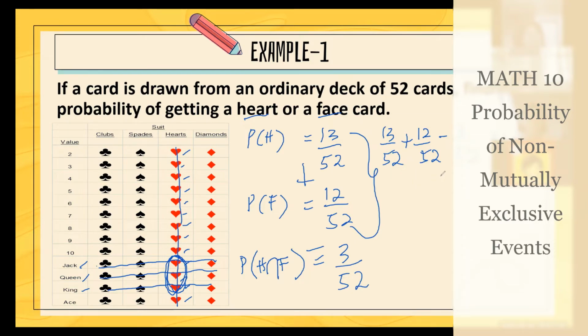Simply copy the denominator. So 13 plus 12, it's 25 over 52, and then minus 3 over 52. So what's the answer now? 25 minus 3 is 22 over 52. Reduce to lowest term. What's the answer? Divide by 2, 11 over 26.